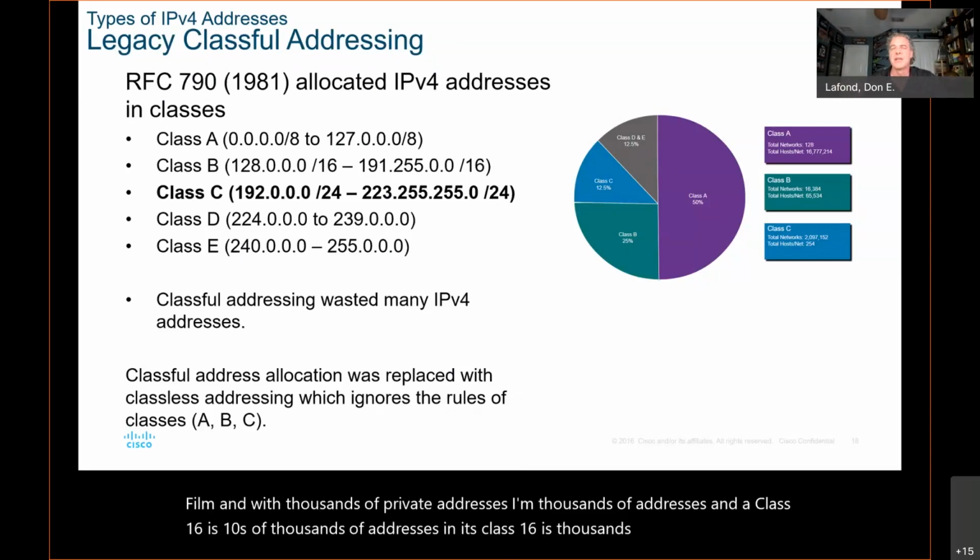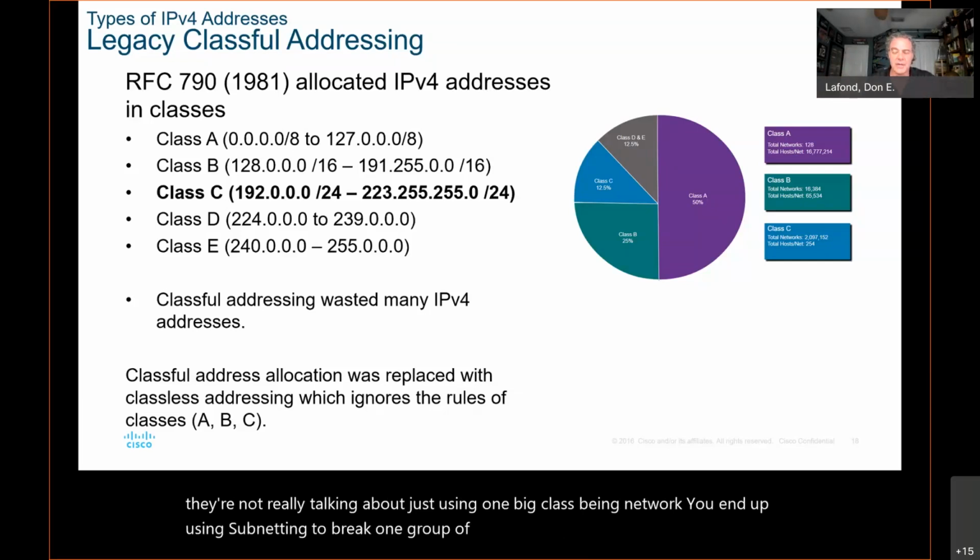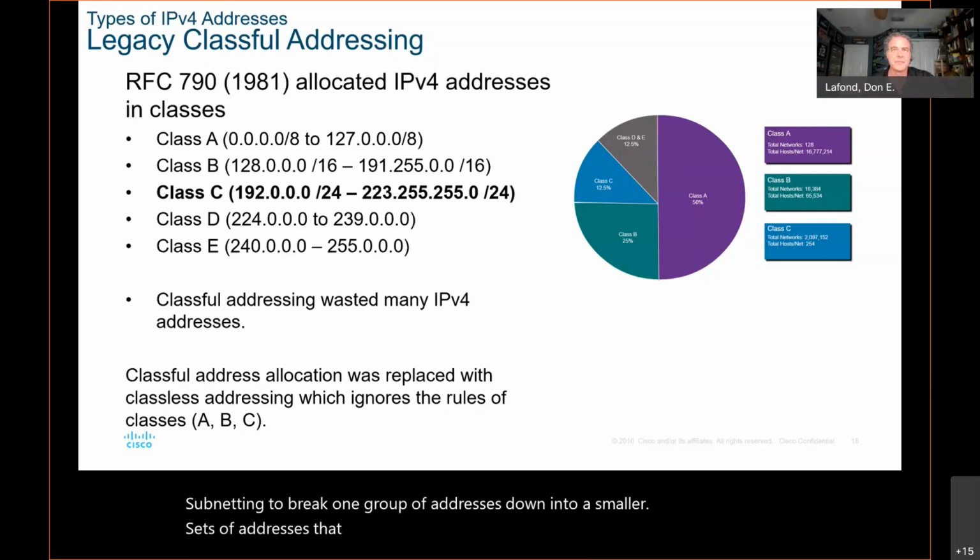But they're not really talking about just using one big class B network. You end up using subnetting to break one group of addresses down into smaller sets of addresses that you can then assign.